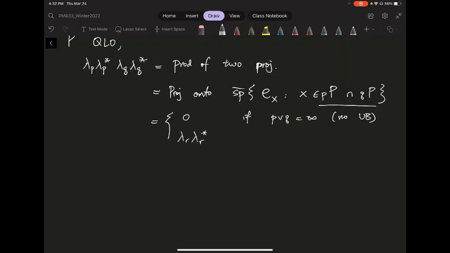As long as it's non-empty, the quasi-lattice order tells you it has a least upper bound, so pP intersect qP is equal to rP, where r is your least upper bound. Then the product of the range projections is the range projection of lambda r. You get another range projection.